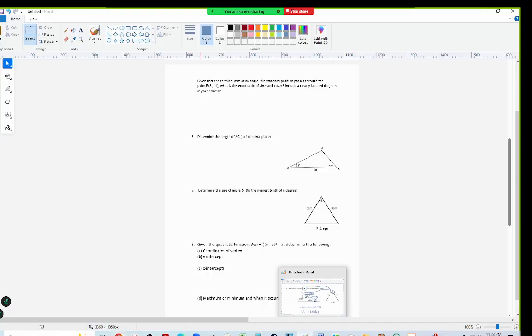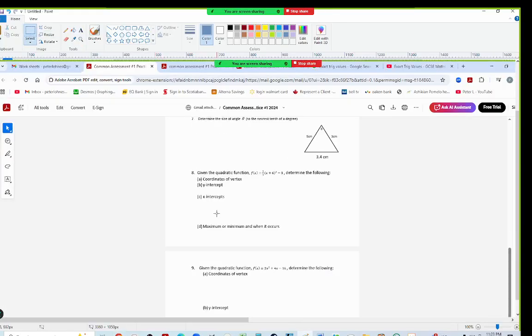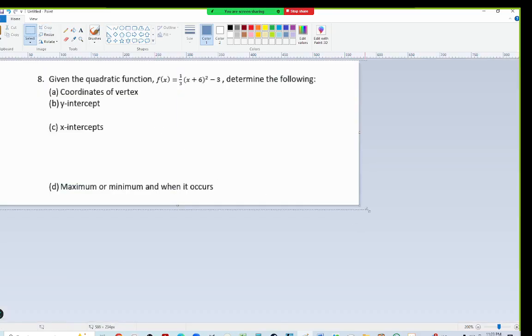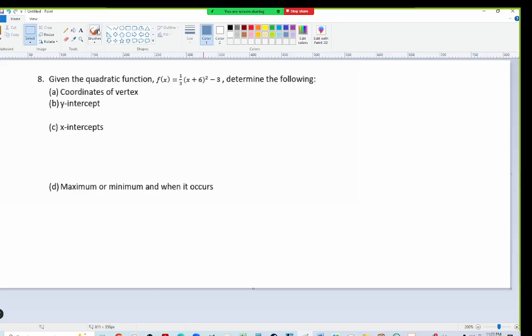of things. When they give it to you in the vertex format, right away you should figure out the easy part of that, which is the coordinates of the vertex. So we're going to have a look at this. -6, -3. Yep, exactly. Now, before we do anything, which way is that facing? Down or up? Up.